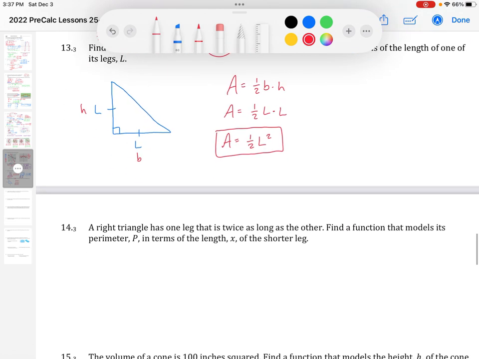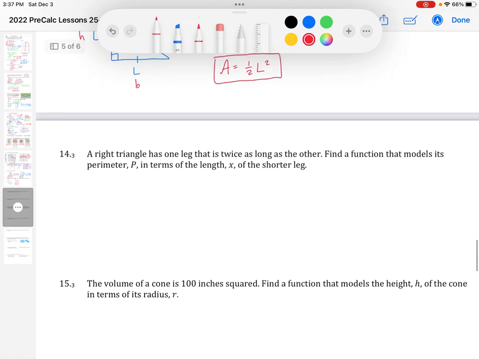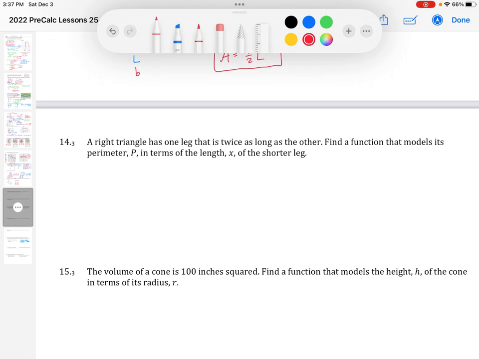All right, number 14 has to do with a right triangle as well, but this one's a little different. So it says a right triangle has one leg that is twice as long as the other. Find the function that models its perimeter in terms of the length x of the shorter leg. So if we draw this right triangle here, where this shorter leg is x and this other leg is twice as long, well, that's going to be 2x.